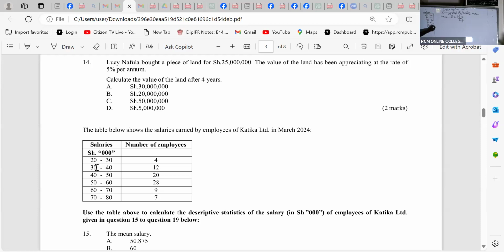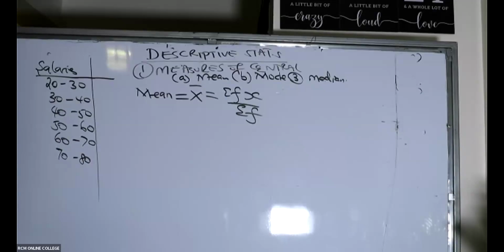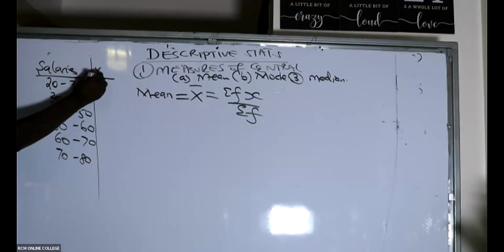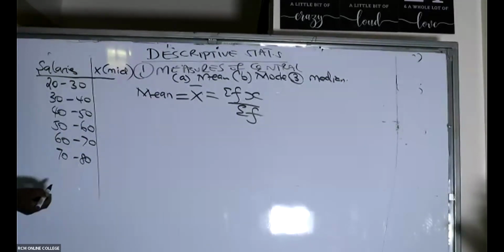Because this is what we call grouped data, I know I need a representative number. To get the representative number here that I'm going to call X, I will look for the midpoints.